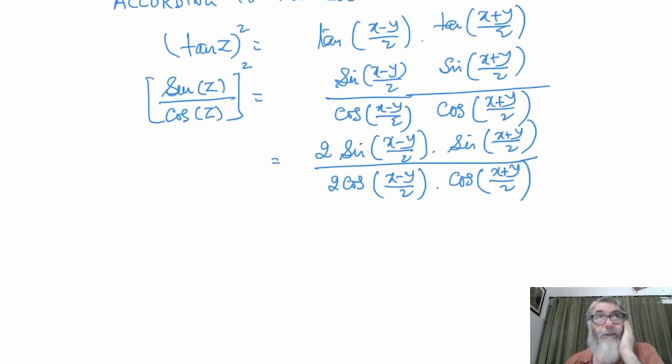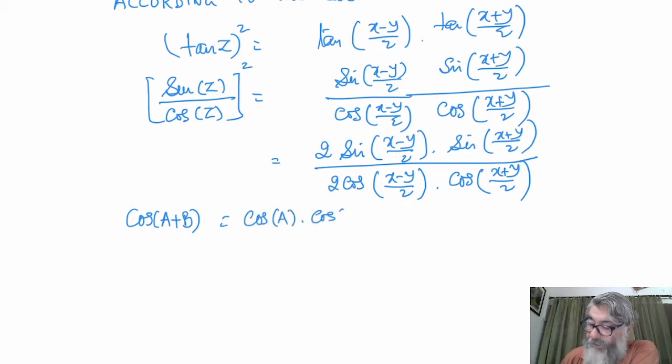If you remember, cos (A plus B) is cos A cos B minus sin A sin B. Is that clear?